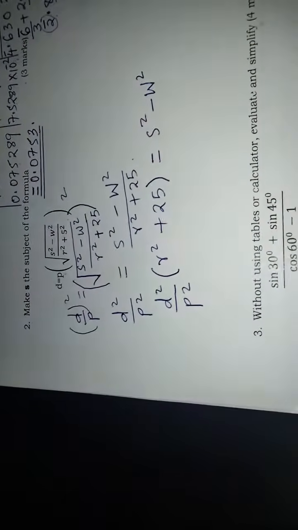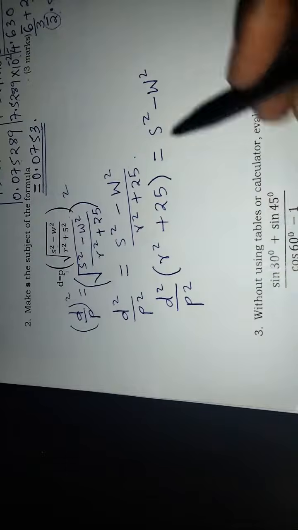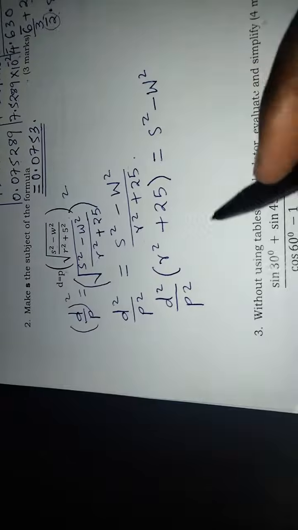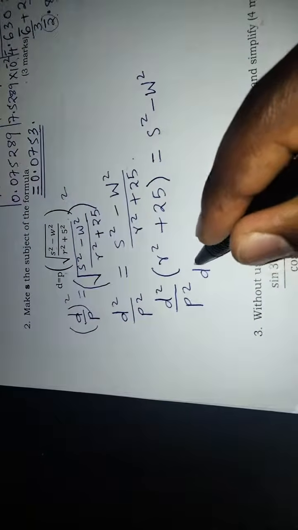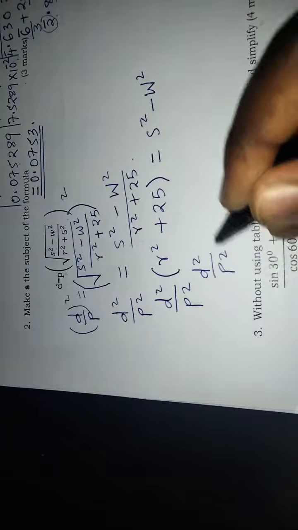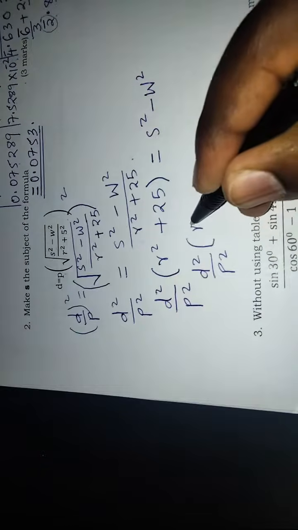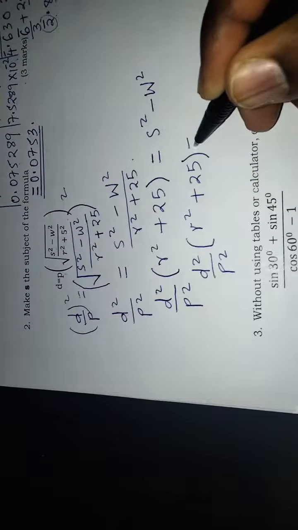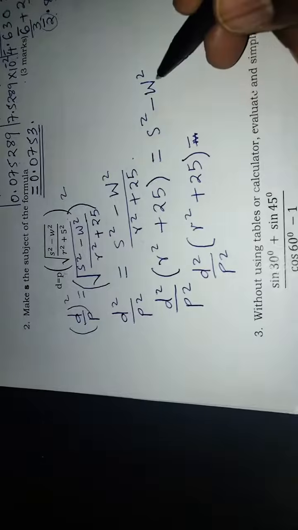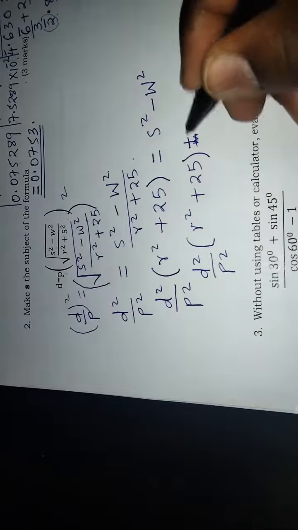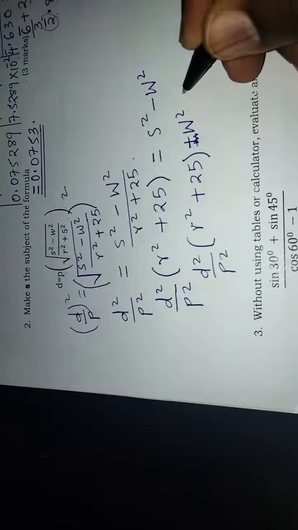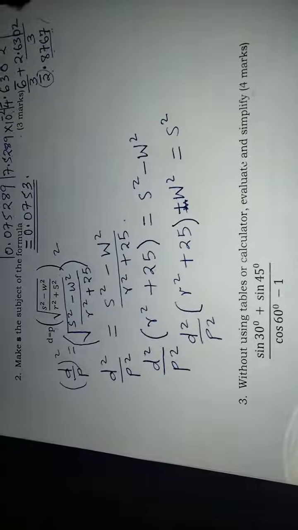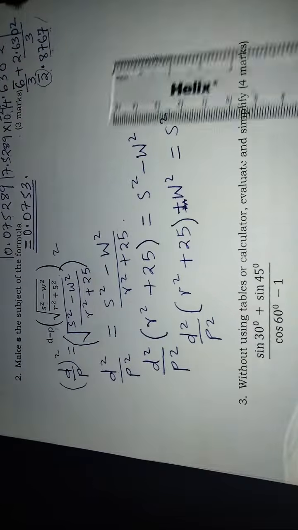At that point, I can choose to remain with s squared alone by bringing the negative w to this other side. Therefore, at this side I will have d squared out of p squared into r squared plus 25. This is equal to, okay, the negative w now comes to this side, becomes a positive w squared. Sorry for that. This is equal to s squared.